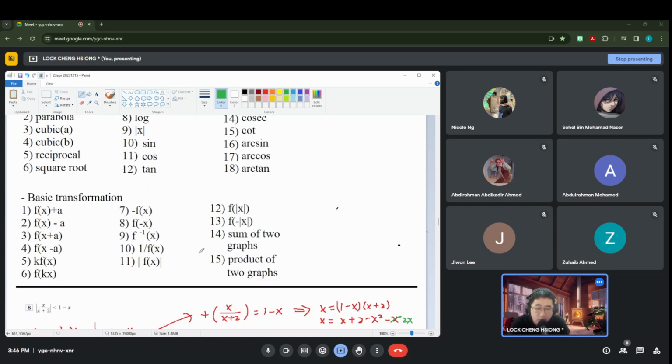Modulus, folding, f of modulus x and f of negative modulus x.